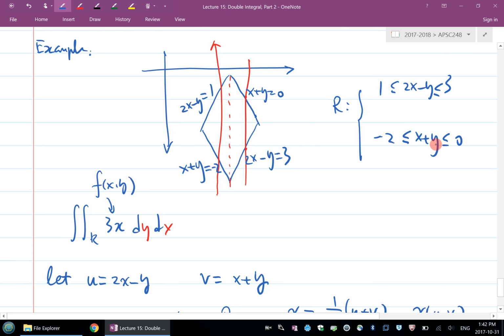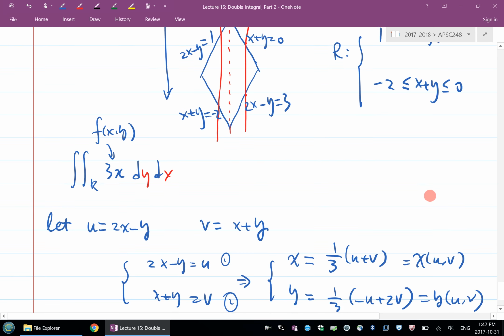It's not a diamond anymore. It's a beautiful rectangle, horizontal, vertical, as straight as possible. So you don't have the problem of sectioning it into different pieces and integrating the pieces. That's the point of this change of variable: from a more sophisticated region into a relatively easy region.